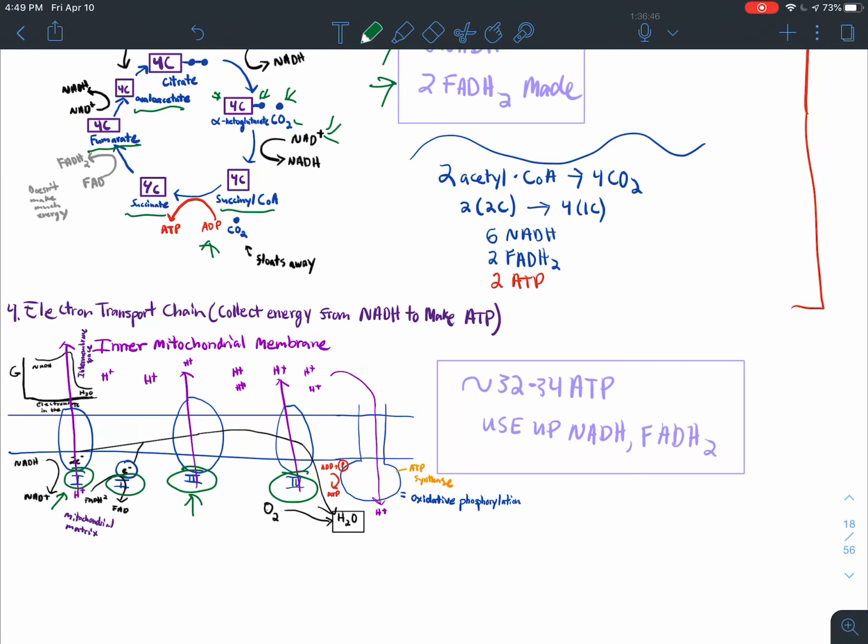As electrons pass through complex 3, the hydrogen protons from the mitochondrial matrix, sorry I didn't write it here, but these are the protons, will go from the mitochondrial matrix through the inner mitochondrial membrane and into the intermembrane space.